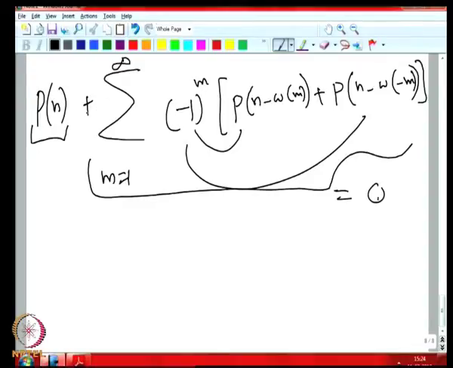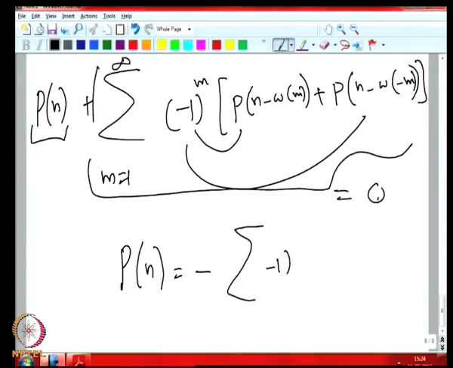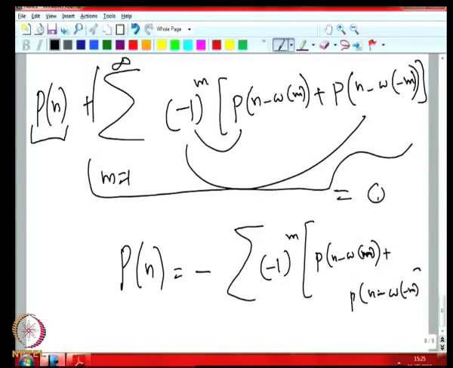So now we can take this entire portion to the other side. So we get p of n is equal to minus of this one, minus 1 raised to m into p of n minus omega of m plus p of n minus omega of minus m. This is what we will get.